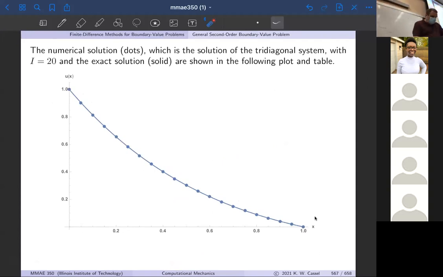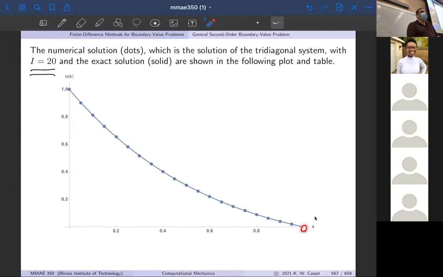This is for a capital I of 20. So we have 21 points, 20 intervals. That corresponds to the dots. Those are the numerical approximate values at each grid point. And there should be 21 of those dots. Starts at 1, the left boundary condition, ends at 0, the right boundary condition.